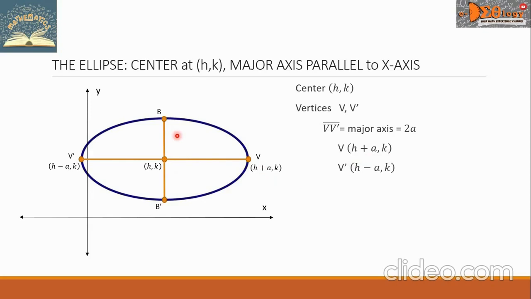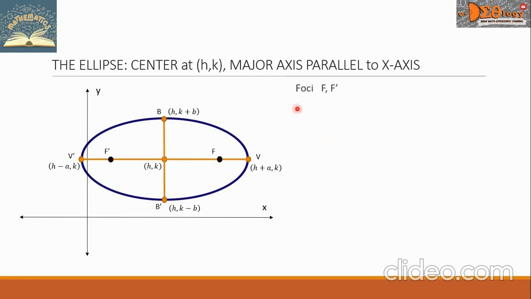Next is the minor axis. The points B and B prime are the endpoints of the minor axis, and we let this length be equal to 2b. We can now write the coordinates of the endpoints of the minor axis. These are (h, k plus b) and (h, k minus b).